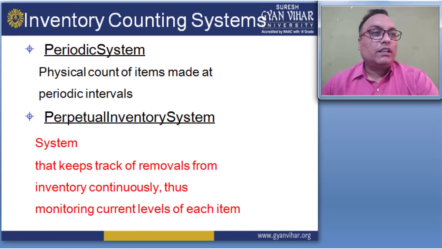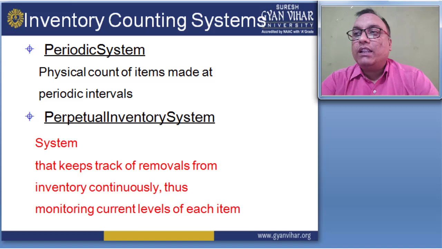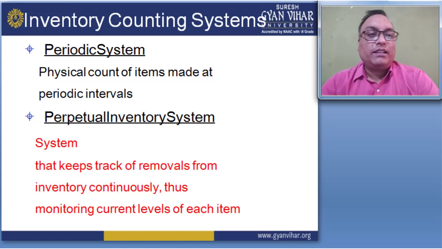The classification systems are divided into two types. First one is periodic system, and second one is perpetual inventory system. And in the first type, the periodic system, a physical count of items is made at periodic intervals.